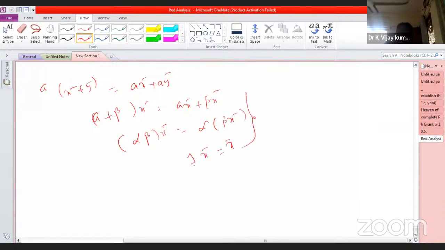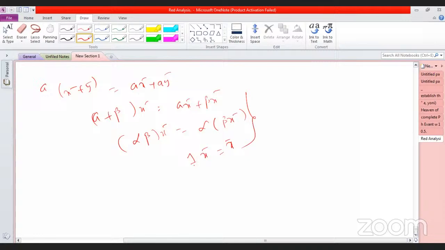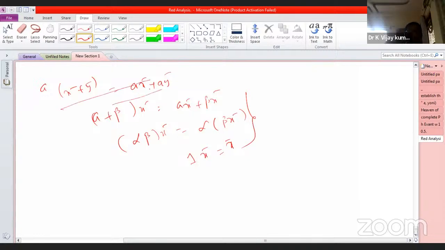All these are multiplication parts. Am I correct? Correct. Only one is addition. All the remaining ones, a plus b into x bar, are multiplication. But then R power n is a vector space.